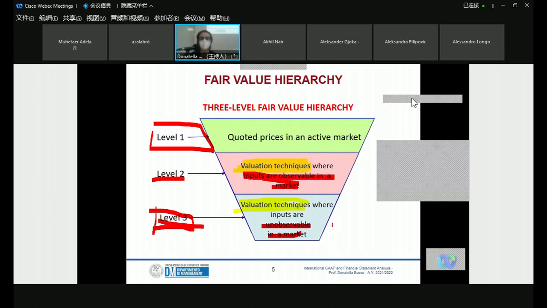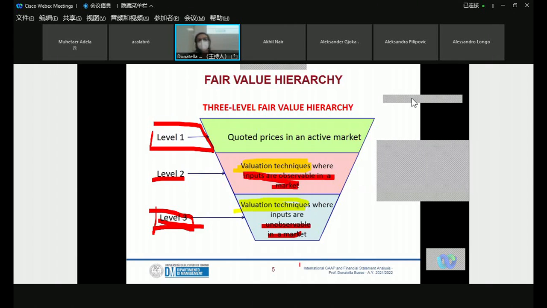So fair value is used under IFRS, it is very important. It is not the only criterion. Some assets must be measured at fair value. For some others, it is forbidden to use fair value.